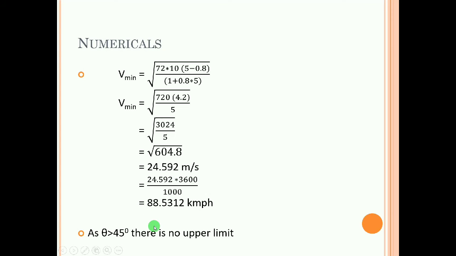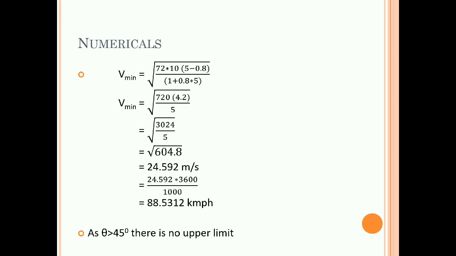Now next, for the upper speed limit, we already discussed in our derivation that if the angle is greater than 45 degree, there will be no limit for the upper or maximum value of speed, because it can be infinity.